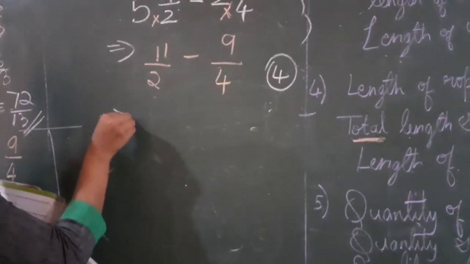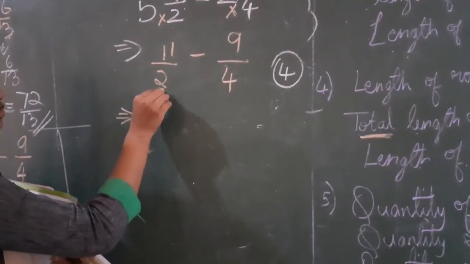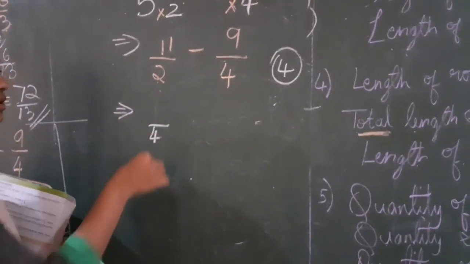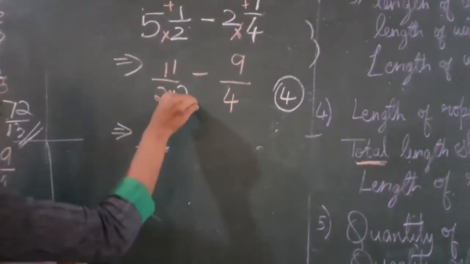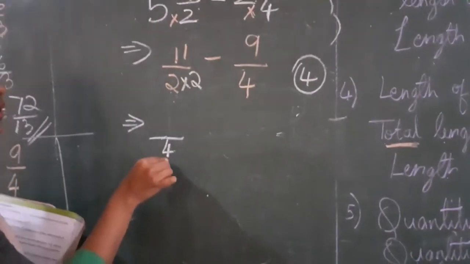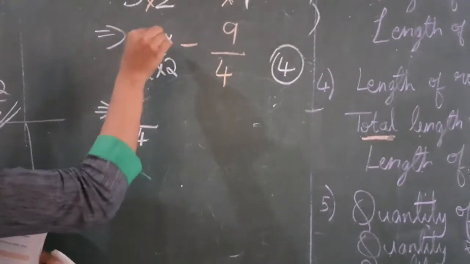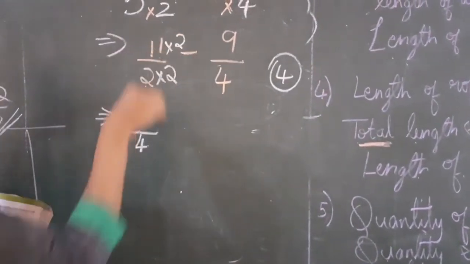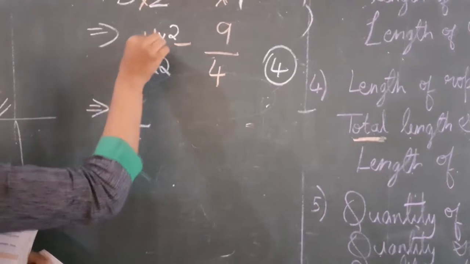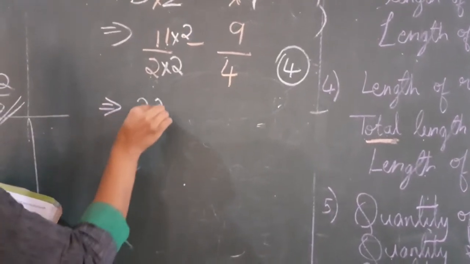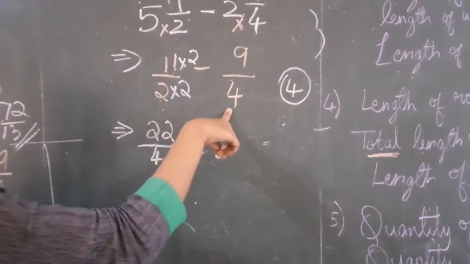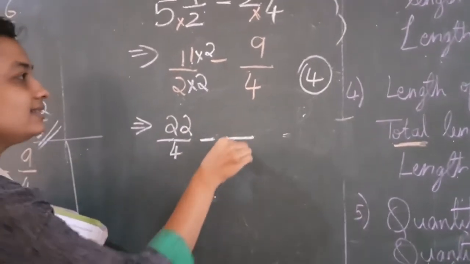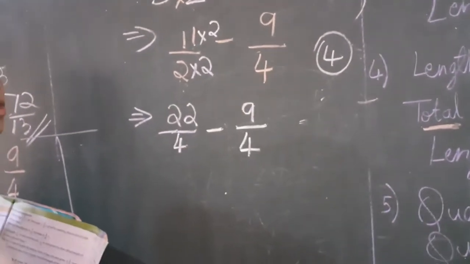So now change this first fraction with denominator 4. How to change it? Multiply 2 with 2 so that I get 4. Now I should multiply 11 also with 2. So what is the answer I get when I multiply 11 and 2? I get 22 minus. Because I have 4 in the denominator already, I will write it the same. I am not going to change it.